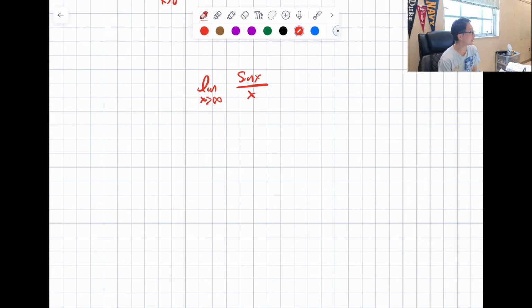Now, I'm not looking at reaching 0, so I'm not looking at the center. I'm looking at all the way to infinity. And this is bouncing between 1 over x and negative 1 over x. Do you see that it bounces in a structured way? But since the top line and the bottom line are going towards 0, the middle line is sandwiched in the middle, and so it has to go to 0.